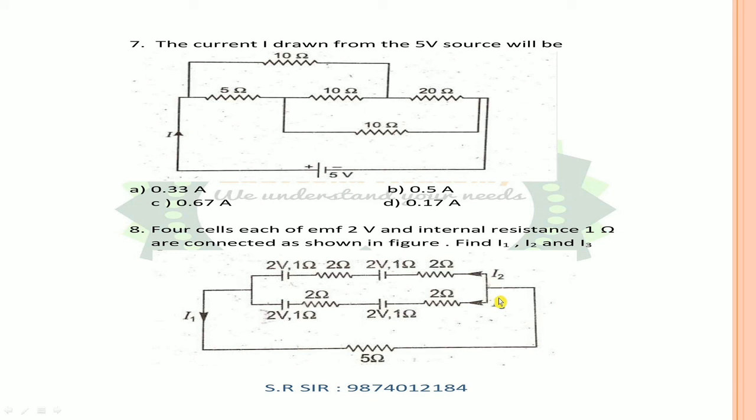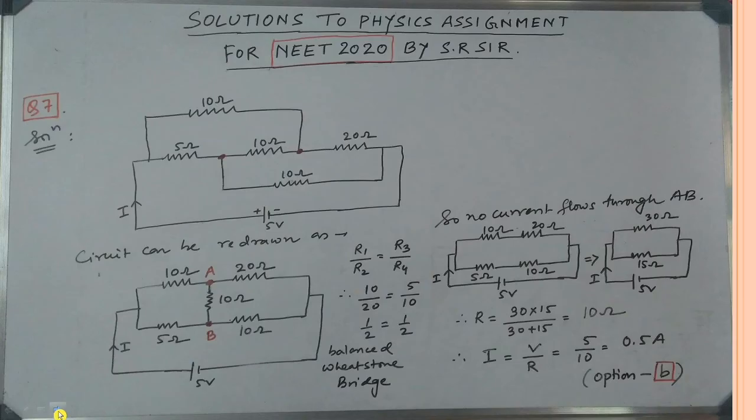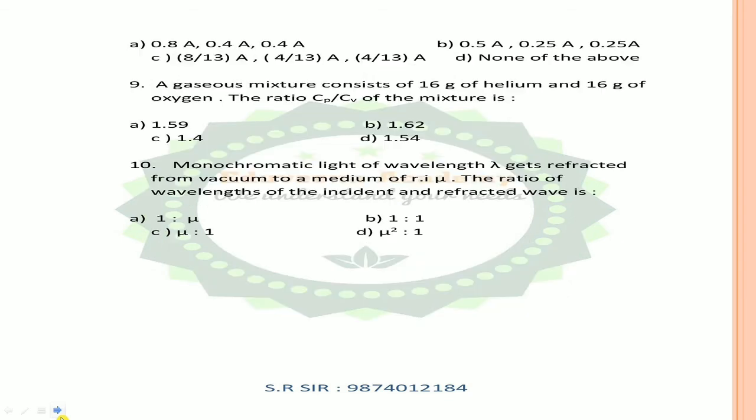The options for this question are 0.8 ampere, 0.4 ampere, 0.4 ampere; 0.5 ampere, 0.25 ampere, 0.25 ampere; 8 by 13 ampere, 4 by 13 ampere, 4 by 13 ampere; and none of these. So let us solve this sum.